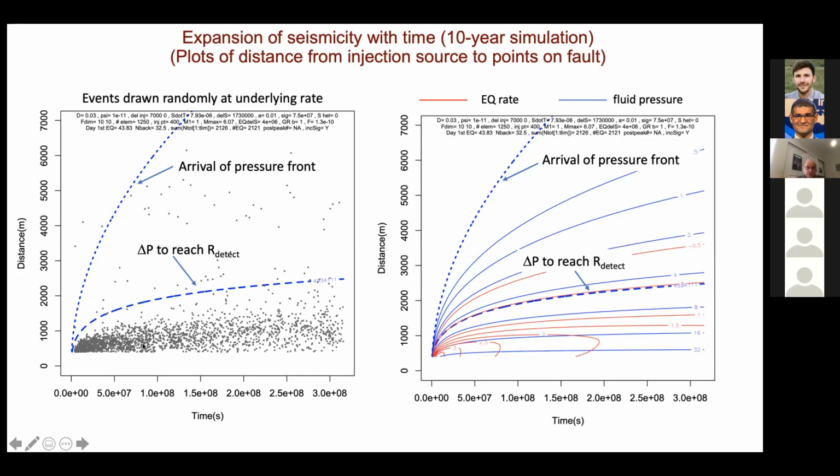Okay, so in the literature, for induced seismicity, we often see plots that look like this, where the horizontal axis is time. In this case, this is time in seconds, 10 years. Earthquake events are then plotted as a function of distance from the injection point. This, in fact, is a model result.